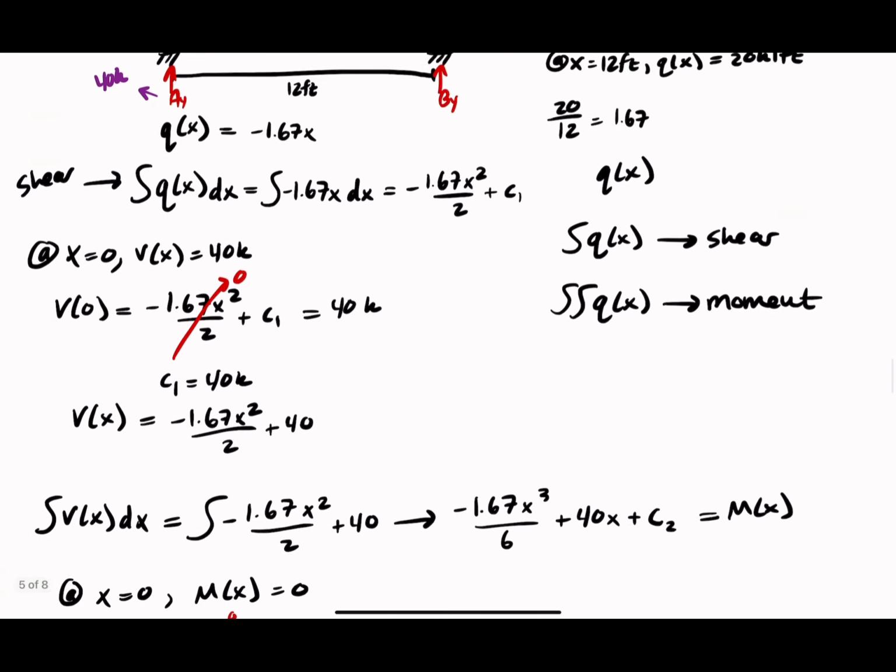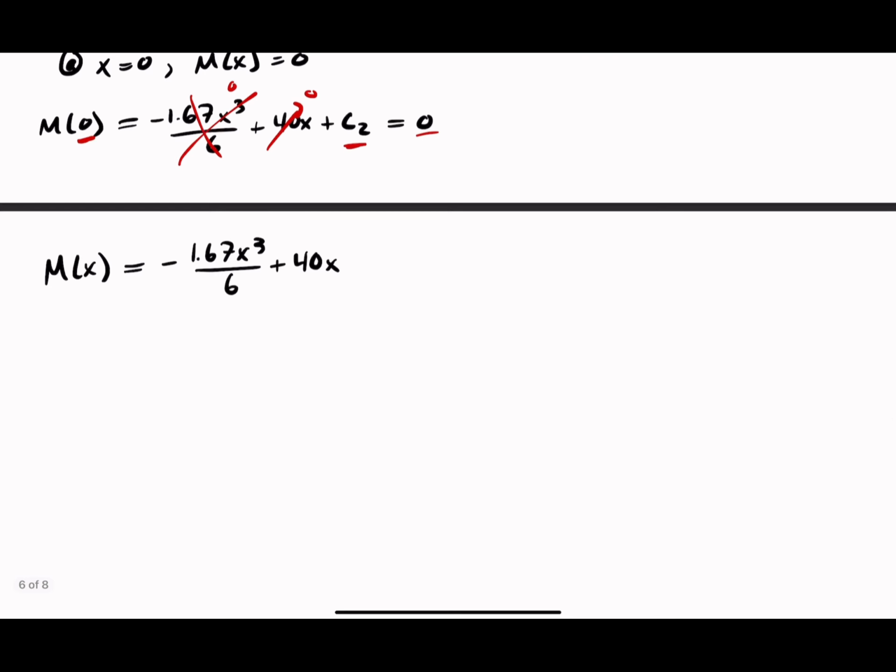So now that gives us our moment equation, but it doesn't really give us our maximum moment. But there is one thing we know about the relationship between the shear and the moment. When the shear is equal to 0, then this produces our max moment.